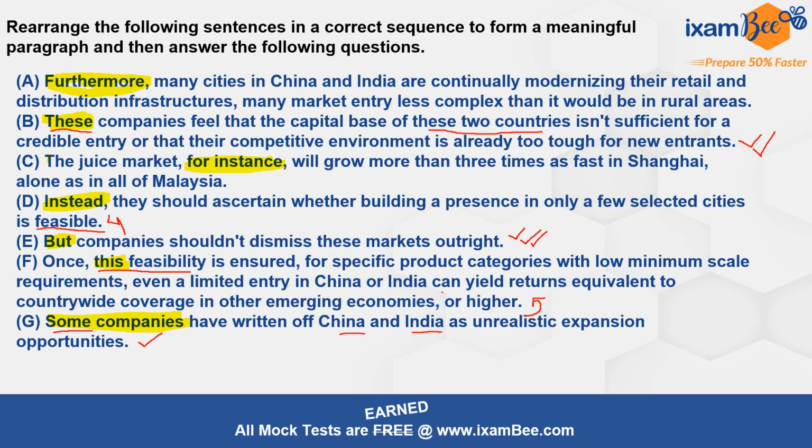So what it says: for specific product categories with low minimum scale requirements, even a limited entry in China or India can yield returns equivalent to country-wide coverage in other emerging economies or higher. So what it says is that even if these companies establish themselves in a few selected areas, the revenue they generate is going to be higher than or equivalent to that of the emerging economies.